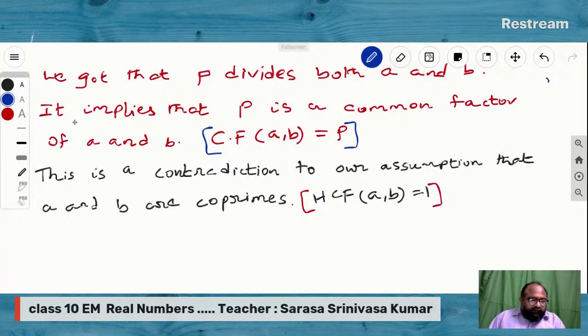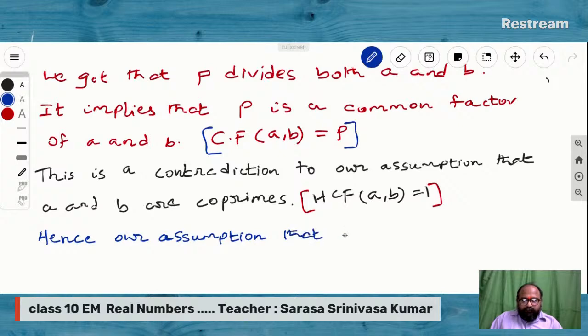This contradiction has arisen because of our wrong assumption. So what is our assumption? Square root of P is a rational number is our assumption. Hence, our assumption that square root of P is rational is false.